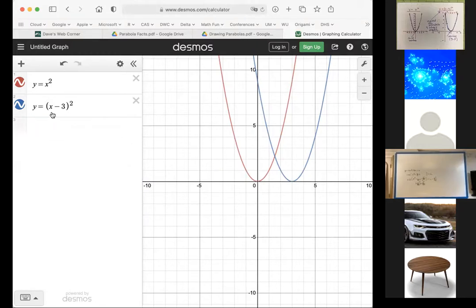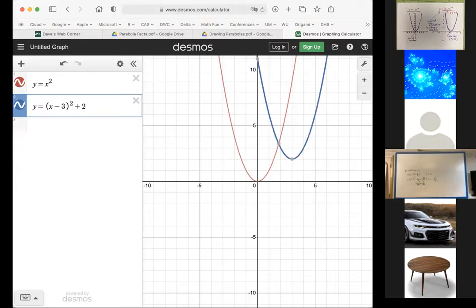What happens if I subtract 3? I move 3 steps to the right. What happens if I add 2 on the outside? What did I do to the blue parabola? I moved it 2 steps up.